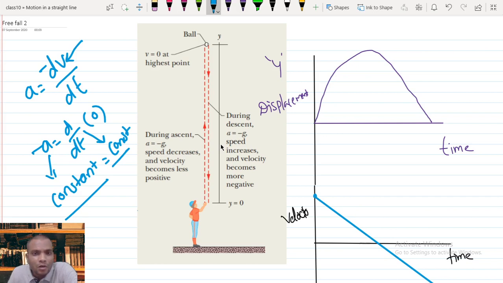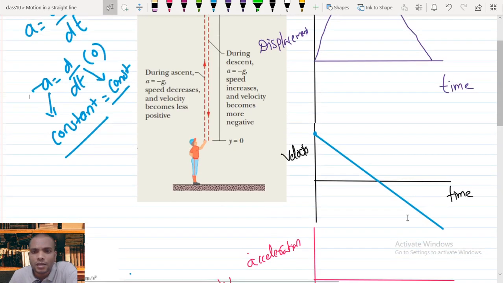Now that is when the object is moving up. When it is falling, that is, during descent, when the object falls from a height, what happens? Its velocity increases, that's why it's a negative velocity. Its velocity will become more negative.